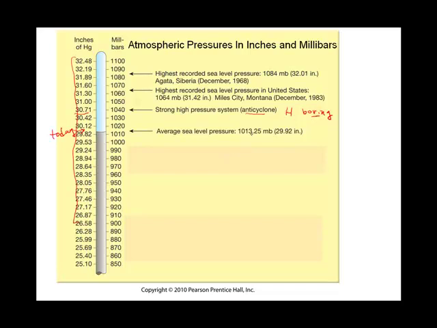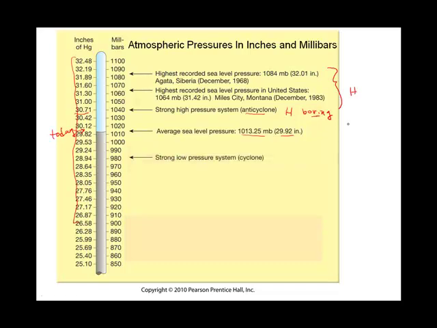And I think you saw this number before for sea level, 14.7 psi. We are running about 29.92 inches of mercury, or 1,013.25 millibars of pressure. So those first three are highs, relatively high pressure, and this one's kind of normal.